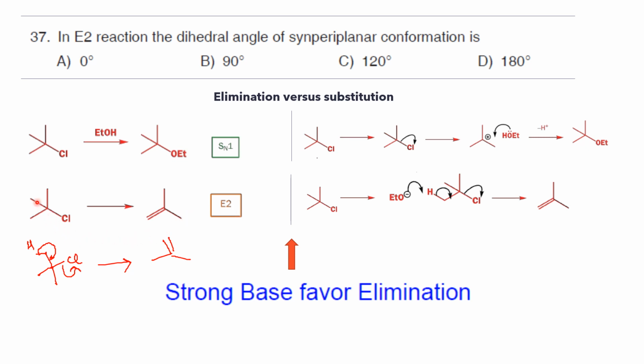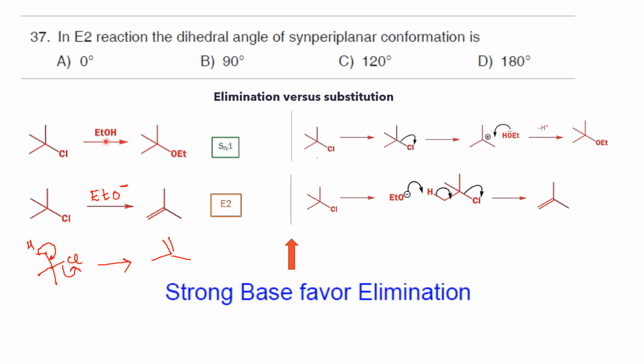So how can you get such a product? Both substrates were the same. In this case, you have a substitution reaction, but in this case, you have an elimination reaction. That is taking place because in this case you do not have ethanol as the reagent. Instead, you have ethoxide ion, that is EtO minus, as the reagent.